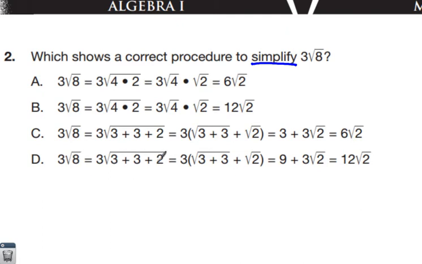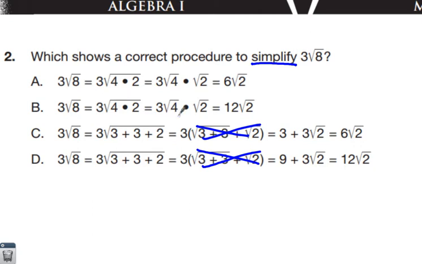So I should correct myself a little bit and say that it's okay to rewrite 8 like that, but it's not okay to rewrite the square root of 3 plus 3 plus 2 as a couple separate square roots. That is what is really not okay. You can't break up square roots like that. But if you have the square root of 4 times 2, you absolutely can break it up into root 4 times root 2.